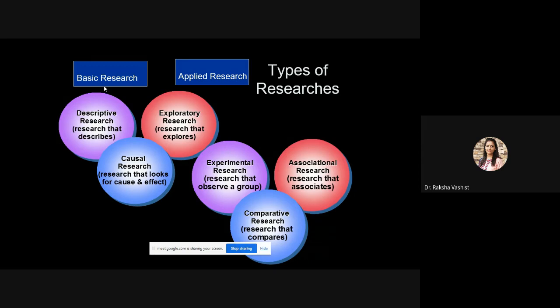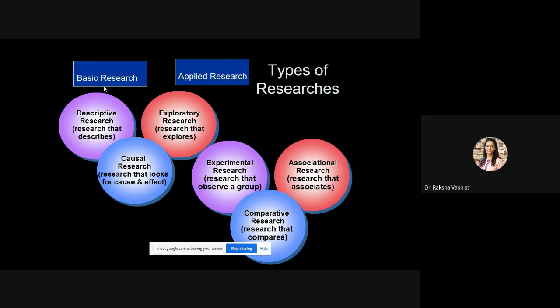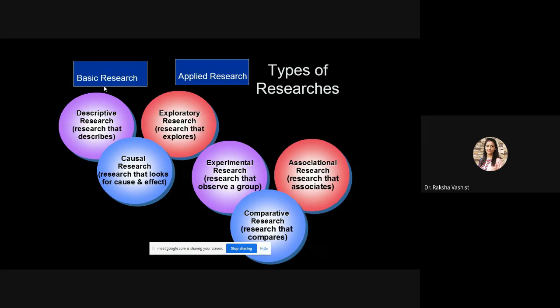For example, if we want to know why the sales have declined for a particular company, particular organization, and you use research to find out the solution of that declining problem, this is applied research.